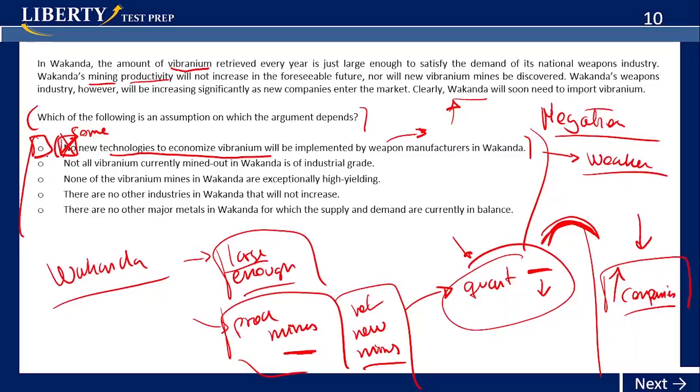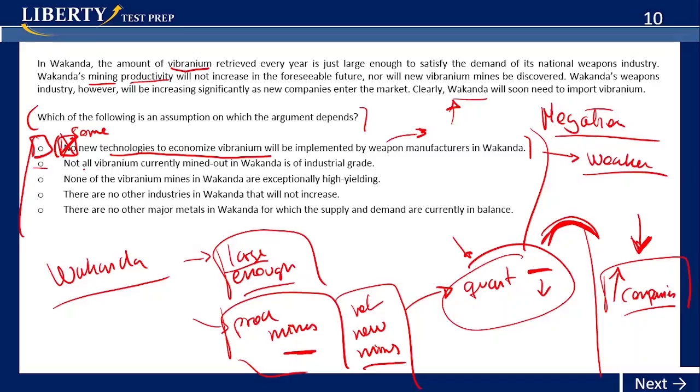But then with letter A, if you invert it, you say, but these companies will need less vibranium per capita, could need less vibranium because there are some new technologies that allow them to economize vibranium. So the total internal demand for these companies for vibranium might not increase. And if it doesn't increase, then there would be no need to import vibranium, okay? So that would be the logic here. So that was the answer.